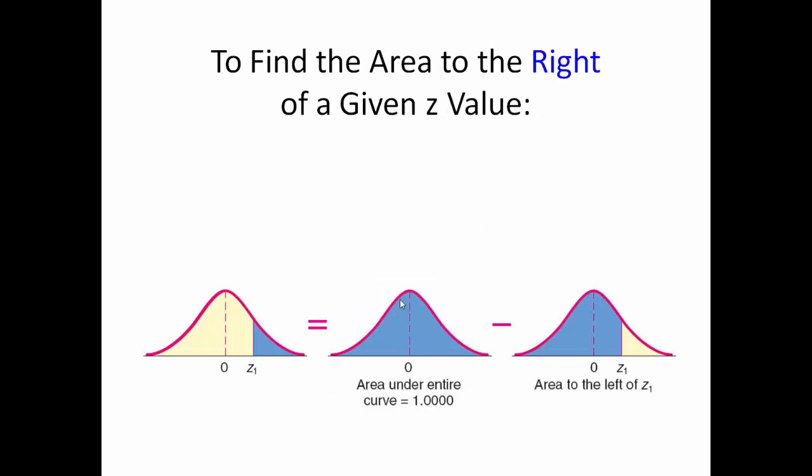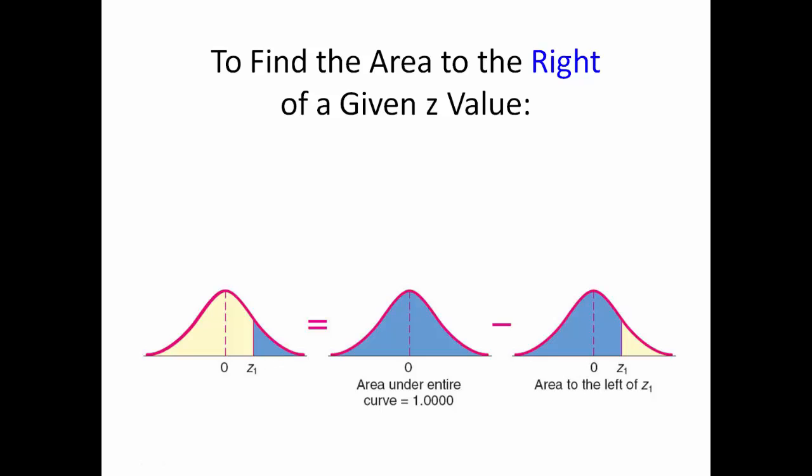The table gives us the area under the curve to the left of the z values. Well, the question arises, how do I find the area to the right of the z value? So in this case, I'm looking for the area to the right of the z value.